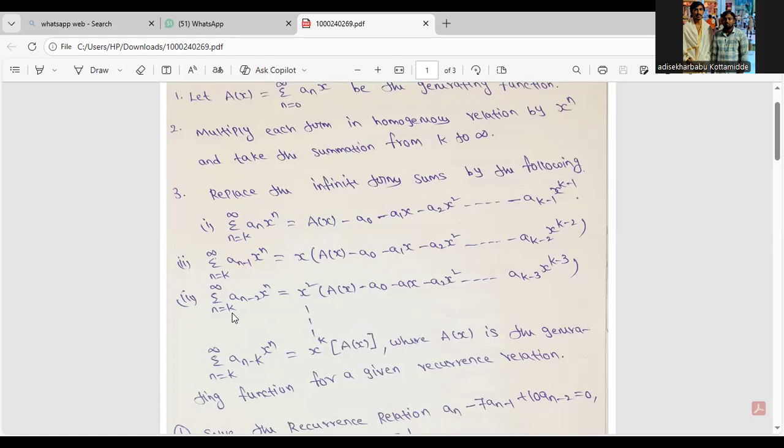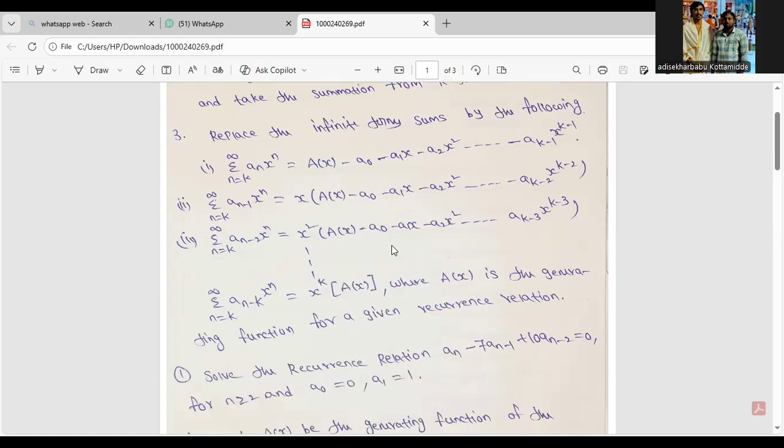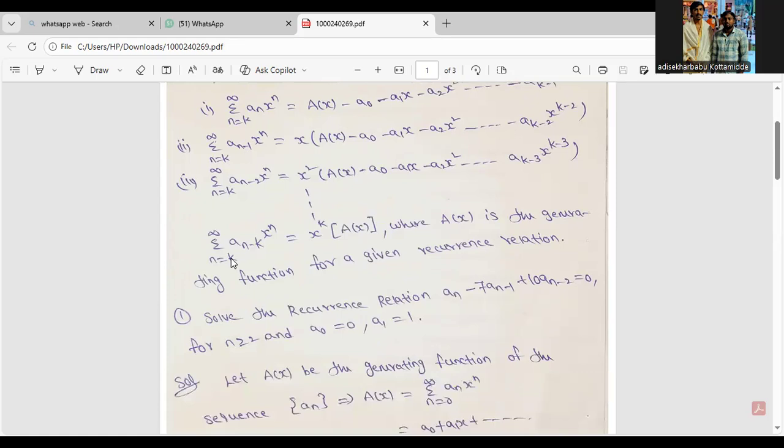Third term: summation a n minus 2 into x power n equal to x square A of x minus a naught minus a1x and so on. Finally, summation n equal to k to infinity a n minus k into x power n equal to x power k into A of x, where A of x is the generating function for any given recurrence relation.